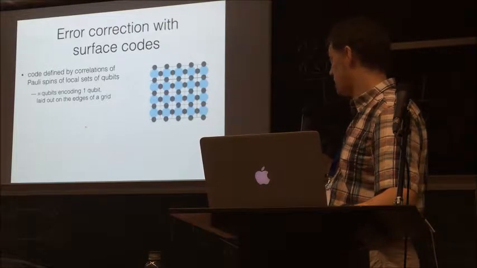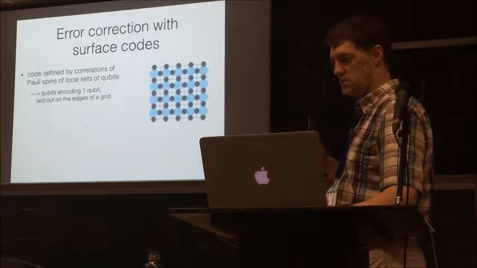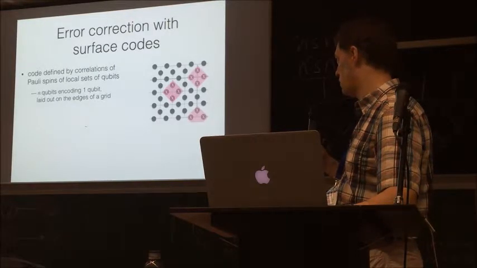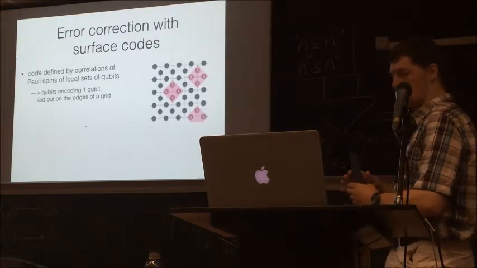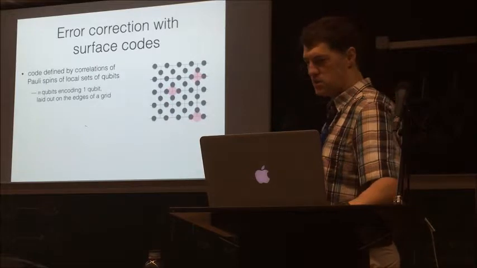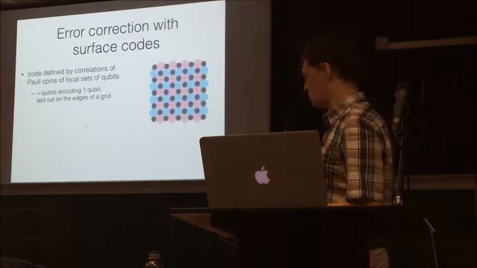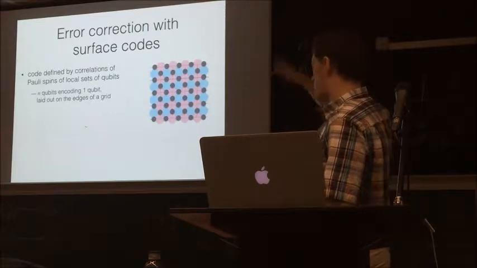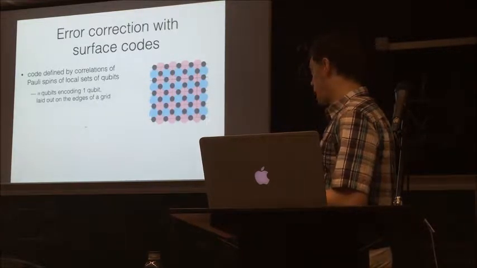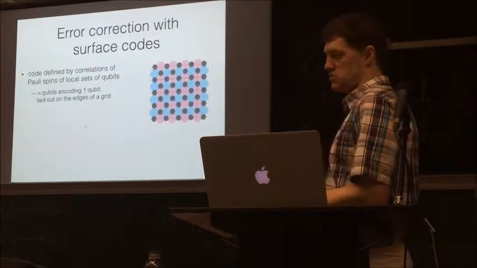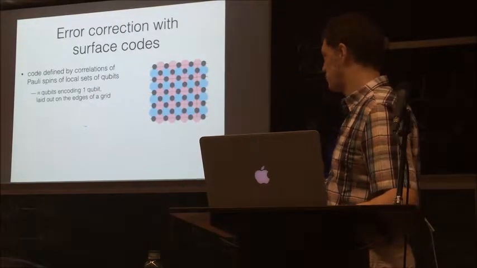So those are our parities that we impose on the standard basis. We've got other parities that we impose on this plus-minus basis. You need to have both if you want correct protection against all sorts of errors that can happen to a qubit. But we have this nice pattern of parities that we impose, and it realizes some symmetries on the system.